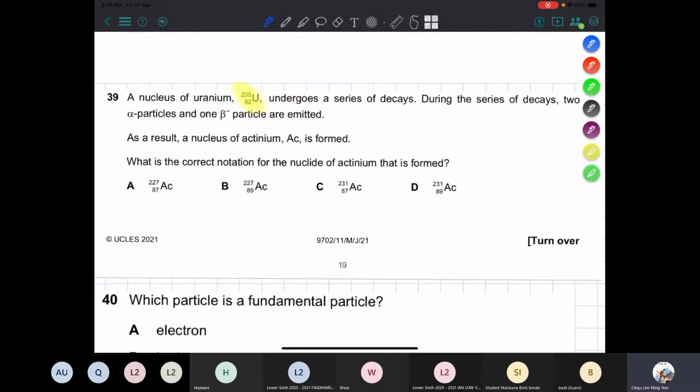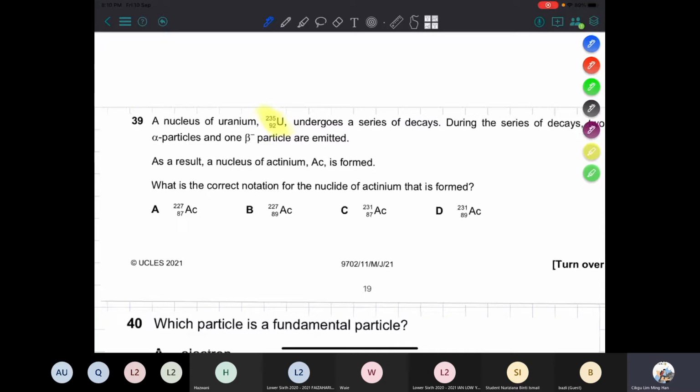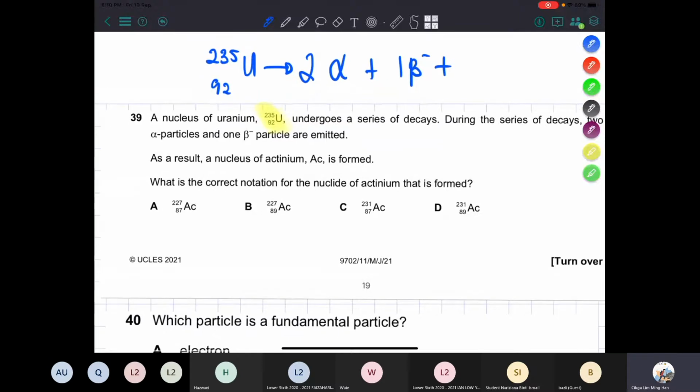You can imagine that you have uranium-235, 92. It undergoes a decay. It will emit 2 alpha and 1 beta, and then you will get a daughter nucleus.